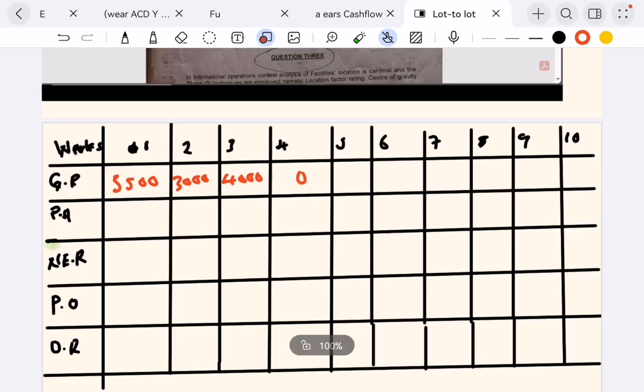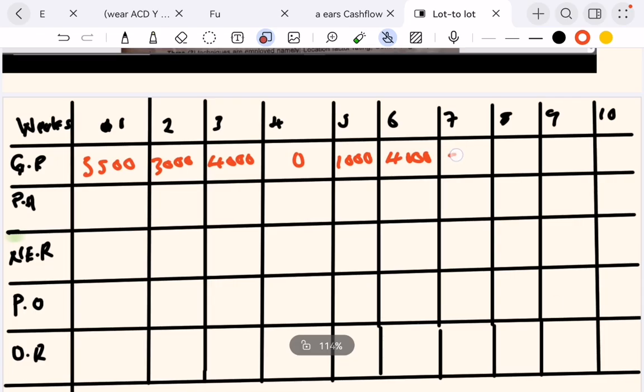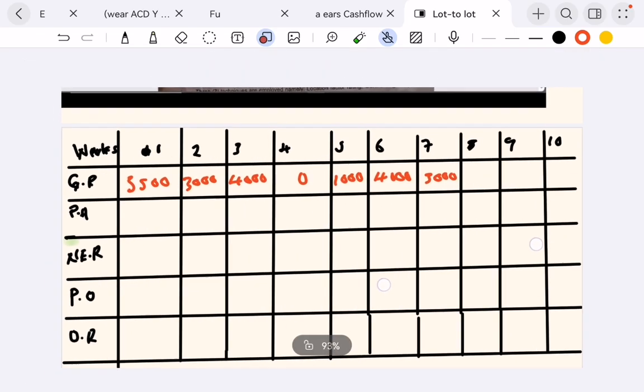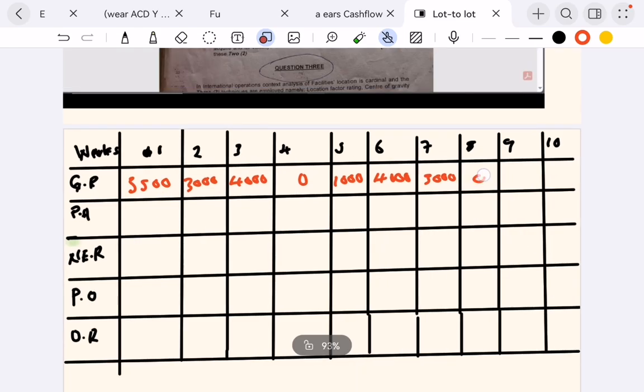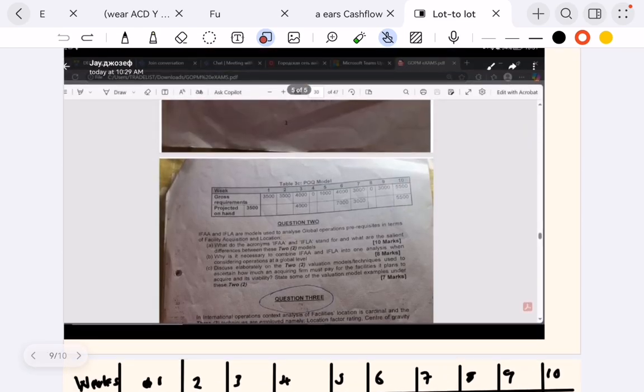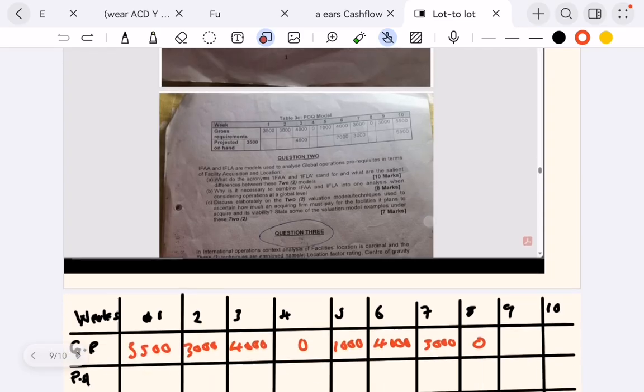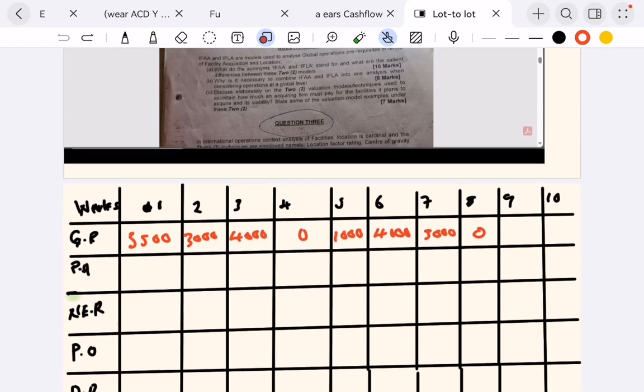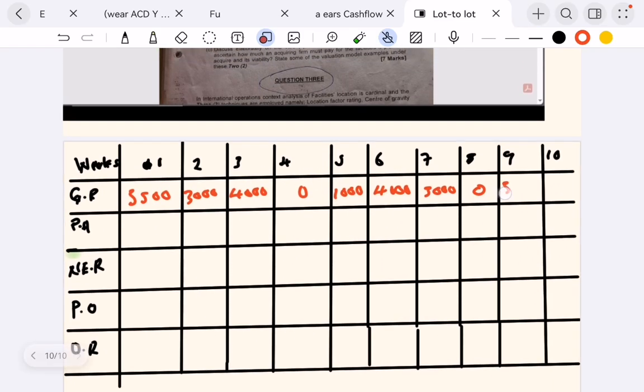We have 1,000. We have 4,000. Those numbers are given in the question. We have 3,000 here. We have 0. We have 3,000 and 5,500. And then projected at hand.